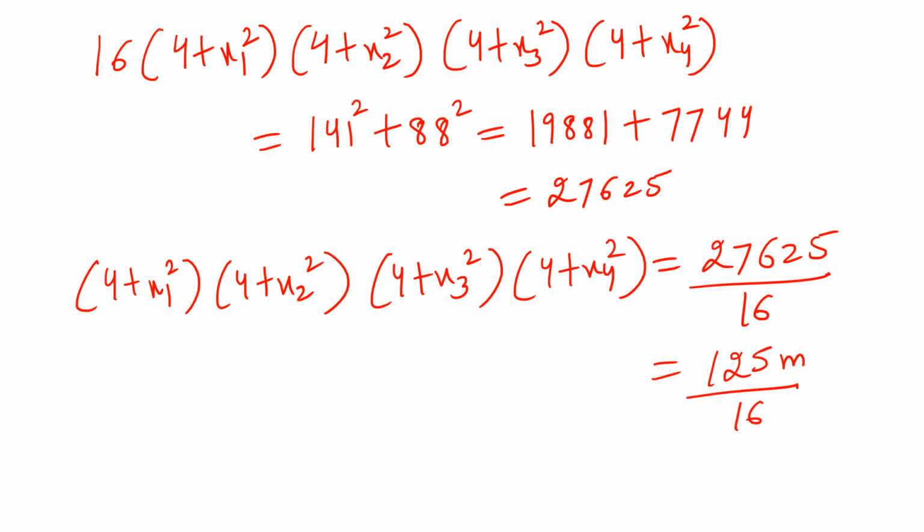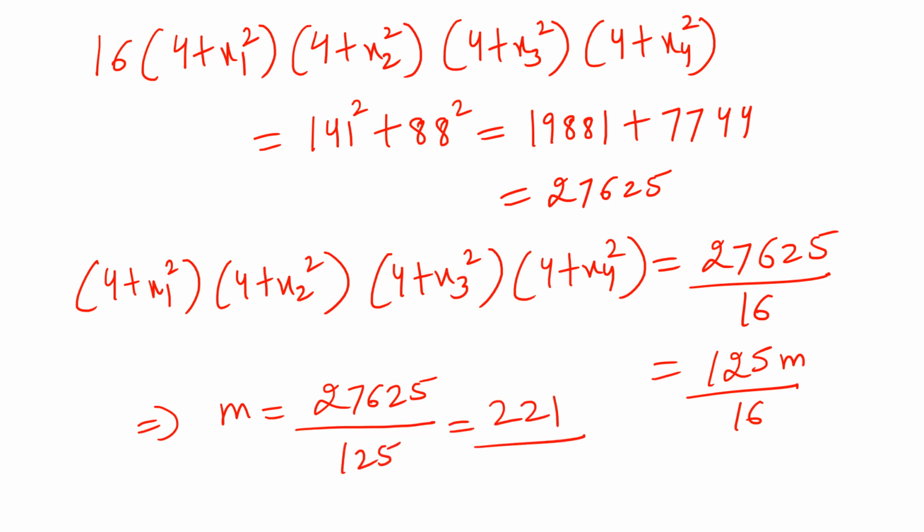So that means from here we get the value of m equal to 27,625 divided by 125, and this comes as 221. So students, this is the correct answer of the question.